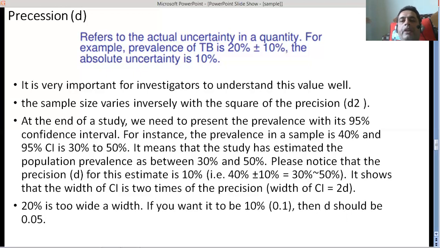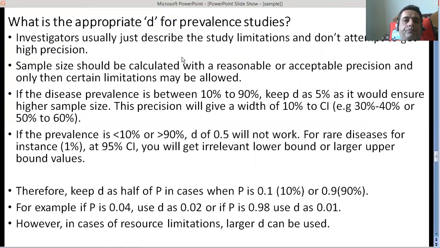The width would be far narrower as compared to this particular window that you see here.